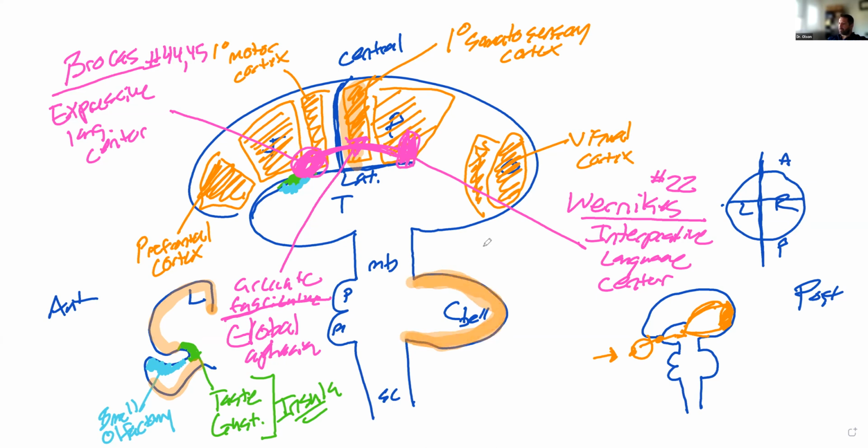When we talk about the cerebellum, we're not going to go as much into depth, but your cerebellum is very much involved in functions like fine movements, your equilibrium and balance, your posture, motor learning and so forth.